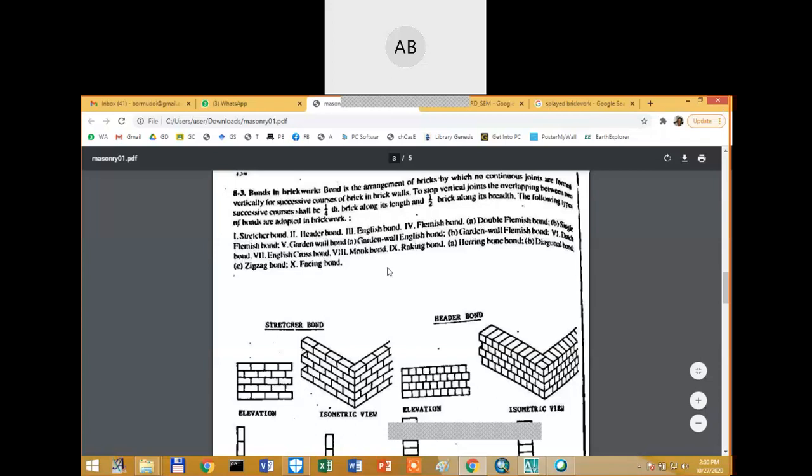So write down your other bonds. But in our syllabus, we will mostly focus on the stretcher bond, the header bond, English bond, Flemish bond, double Flemish bond and single Flemish bond. And there is also the garden wall bond. So mostly from 1 to 5. Okay.